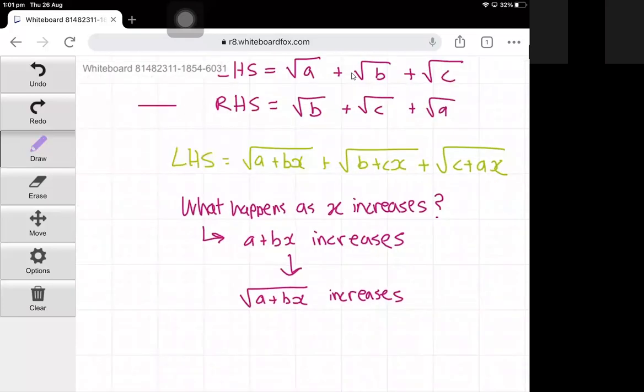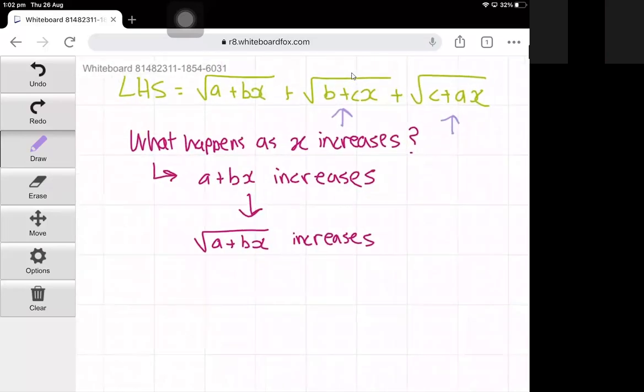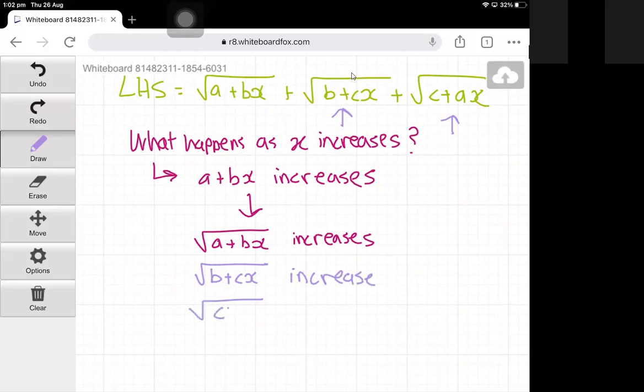So what we have is, if x increases, it means the square root of a plus bx increases. And the same thing happens for the square root of b plus cx and the square root of c plus ax. So it follows that the square root of b plus cx will also increase, and the square root of c plus ax will also increase.